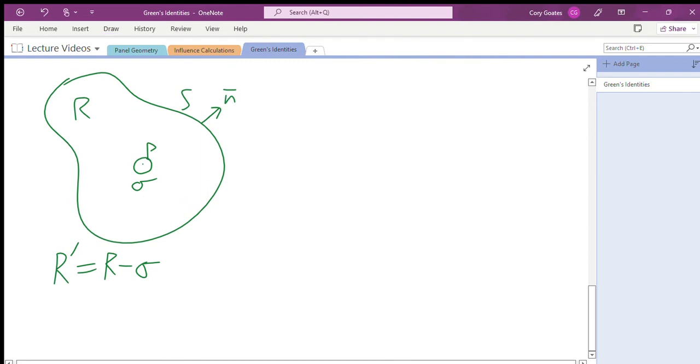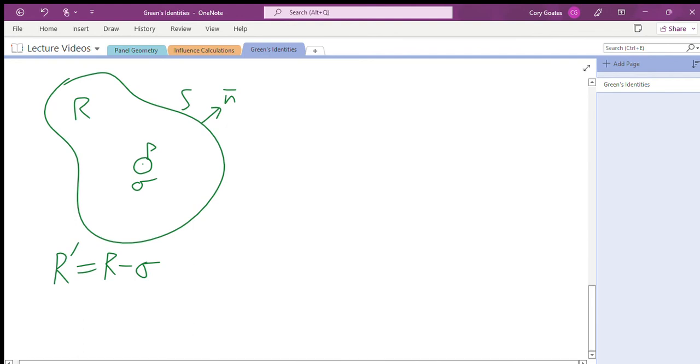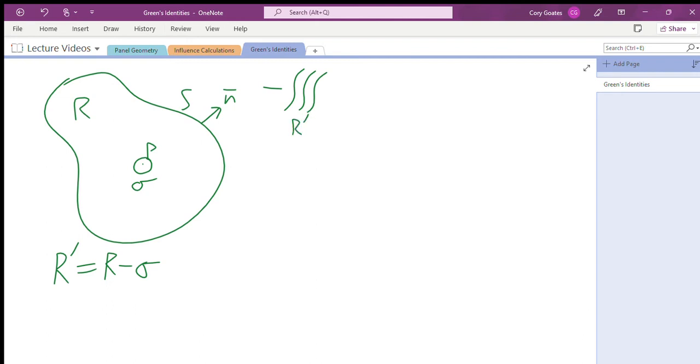So we're going to start out with just that second term, and that will be the triple integral over R prime of, again we've defined V as 1 over r, times grad squared U dr, is equal to, now we're doing our surface integrals.